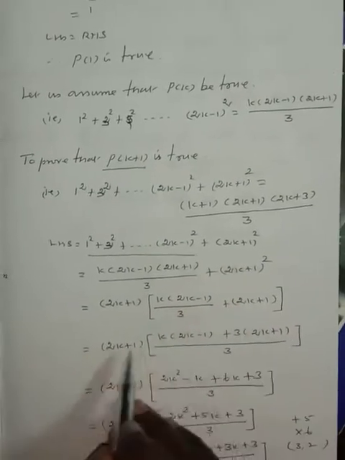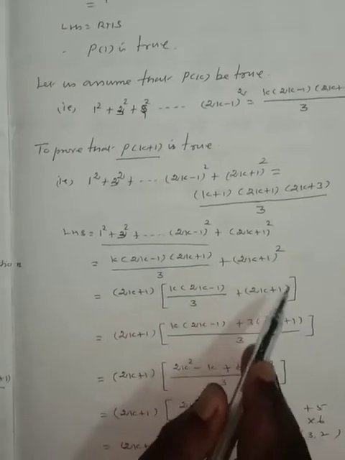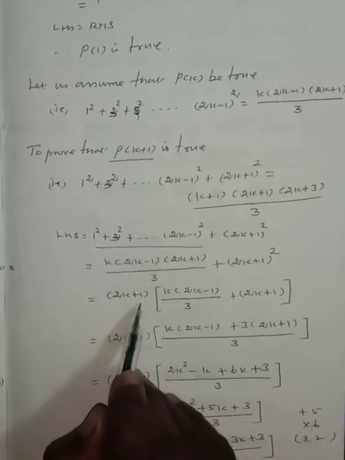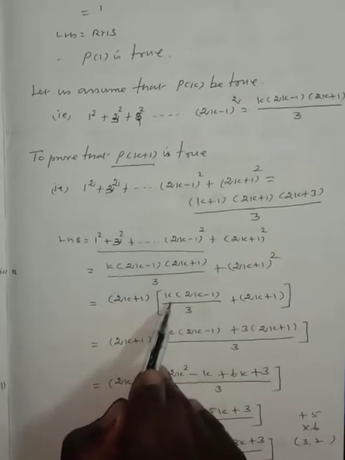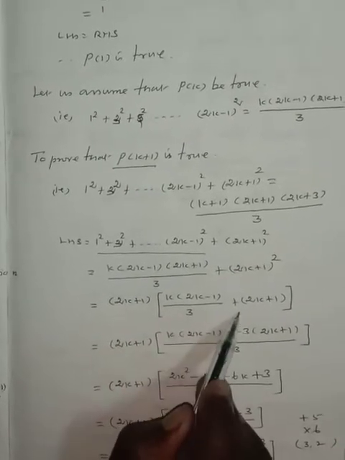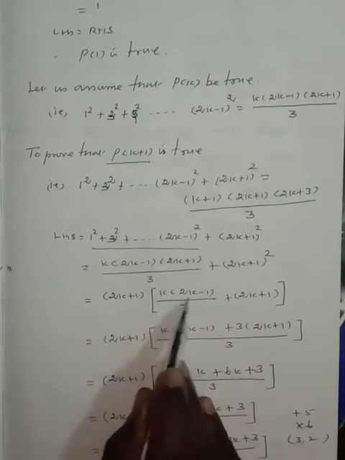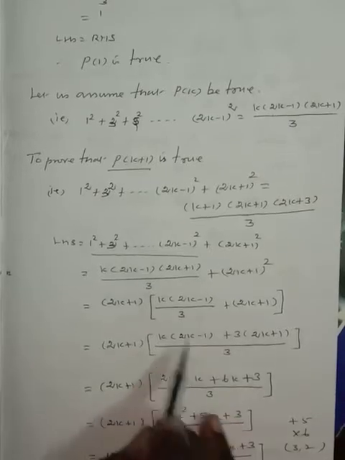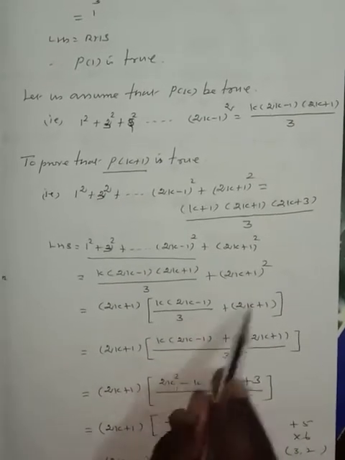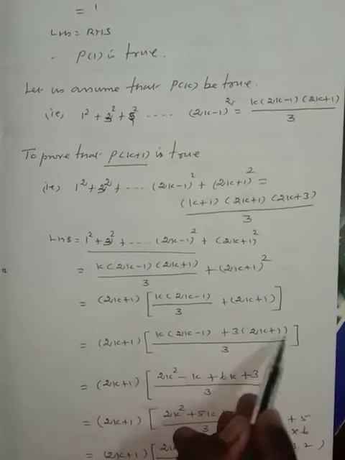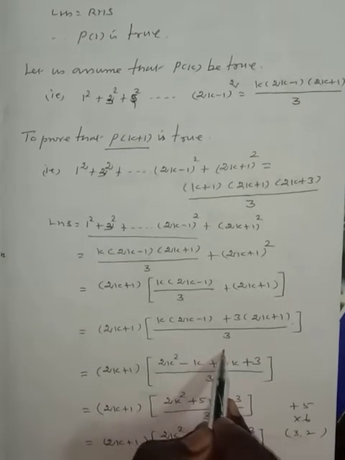First we have to take the numerator common, 2k plus 1 of k into 2k minus 1 divided by 3 plus 2k plus 1. Take LCM: k into 2k minus 1 plus, by cross multiplication, 3 into 2k plus 1, whole divided by 3.